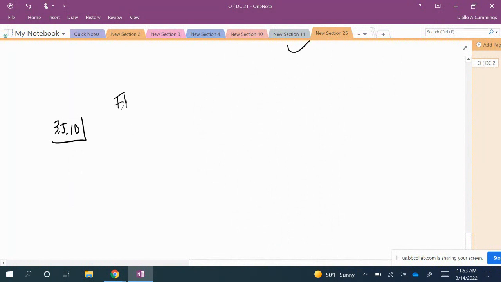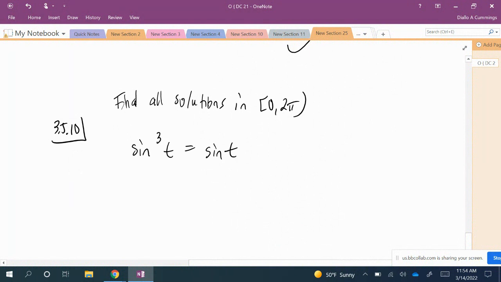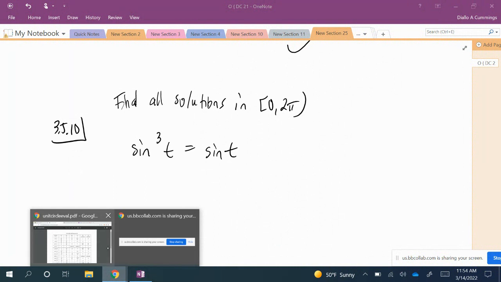You want to find all solutions in the interval from 0 to 2 pi, and we have sine cubed t is equal to the sine of t. I'm going to give you about 5 minutes or so to attempt the problem, and then we're going to return with the solution.